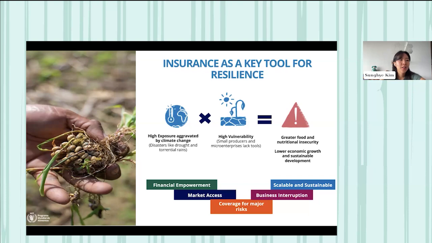When a shock hits, the insurance payout for weather-related losses prevents farmers from having to take desperate measures such as selling their productive assets, and helps them get back on their feet faster.